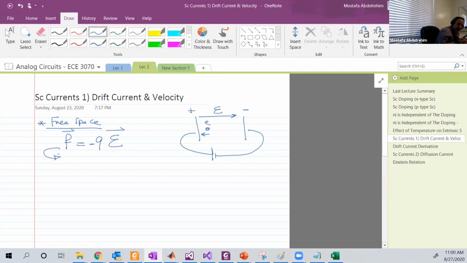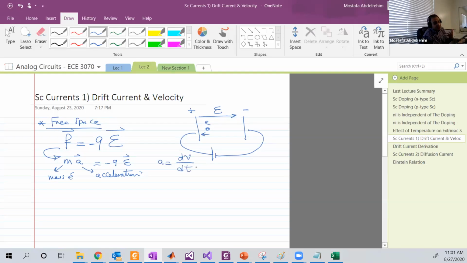And a force means M multiplied by A. M is the mass of the electron, and this is acceleration. Wow, there is acceleration. So there is a force, and this force will make the electron move and also accelerate, equal to minus Q epsilon. And A is equal to dV by dt.